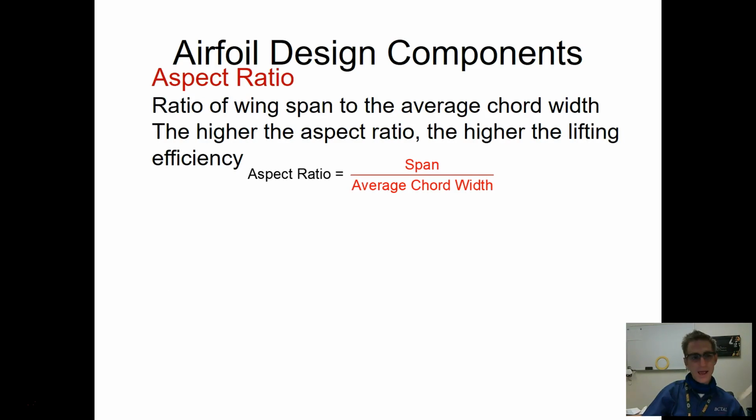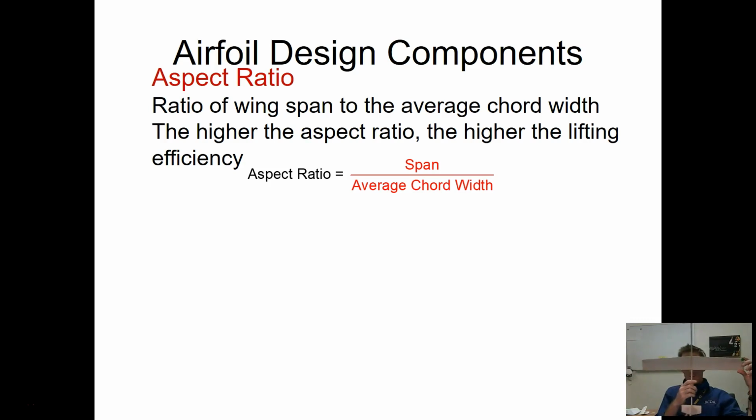All right. Now, in the last video, they were talking about gliders, and they mentioned this term called aspect ratio. And gliders have a high aspect ratio. The aspect ratio is basically the span of your wing divided by the chord width. So here's another one.